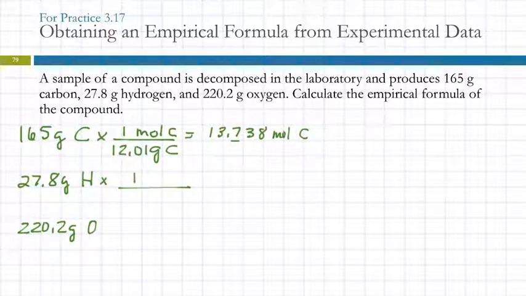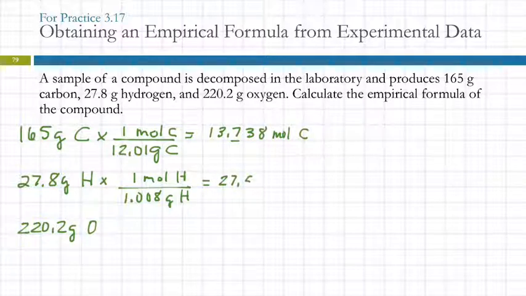For hydrogen, I'm going to multiply by 1 mole of hydrogen over 1.008 grams of hydrogen. That's the molar mass. And don't round that to 1. So this is going to be 27.579 moles of hydrogen.